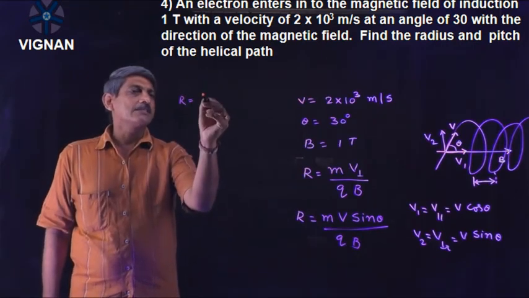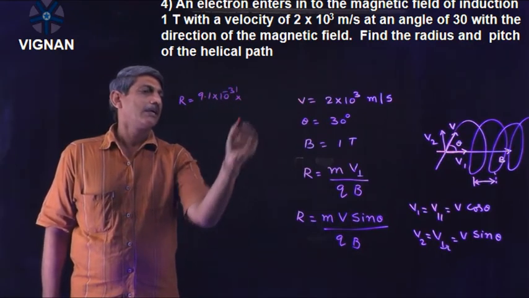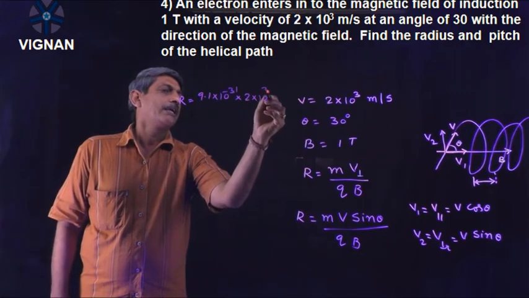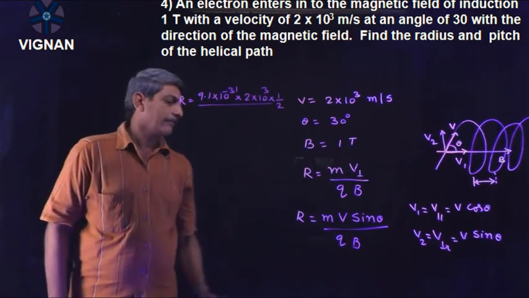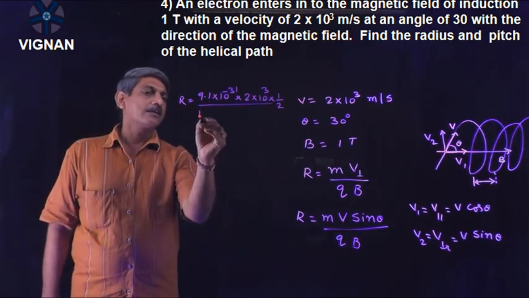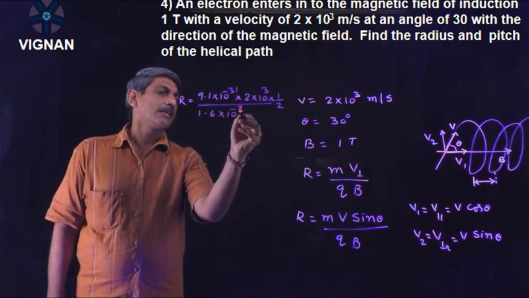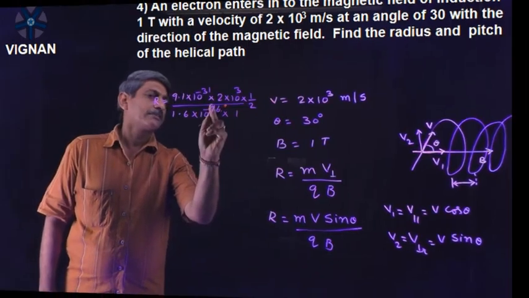For the electron, the mass is equal to 9.1 into 10 to the power of minus 31 into V is equal to 2 into 10 to the power of 3 into sin 30 is equal to 1 by 2 divided by the charge of the electron is equal to 1.6 into 10 to the power of minus 16 into B is equal to 1.